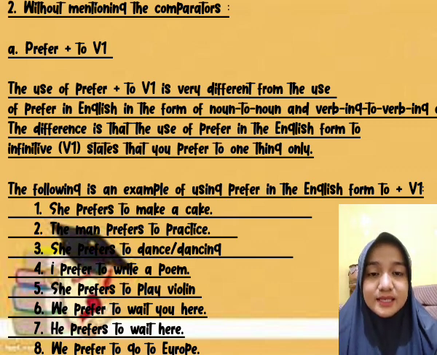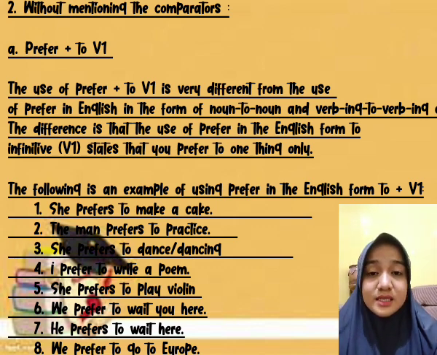The difference is that the use of prefer in the English form to infinitive or V1 states that you prefer one thing only.